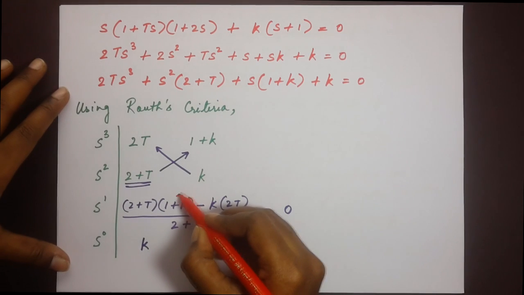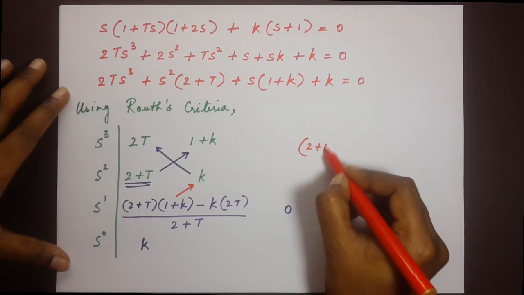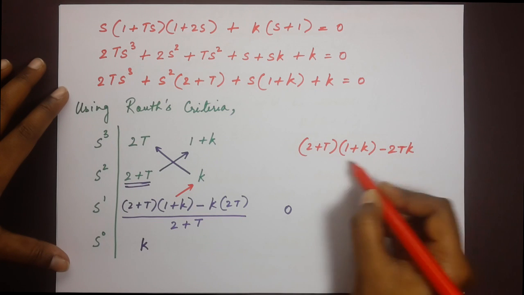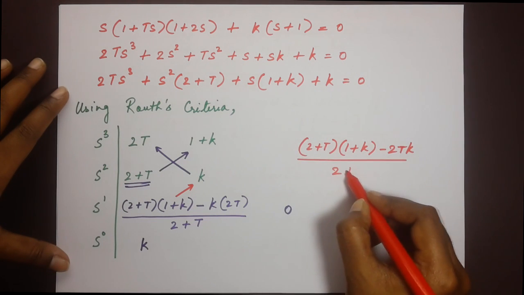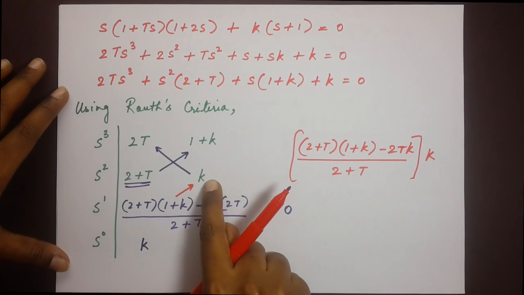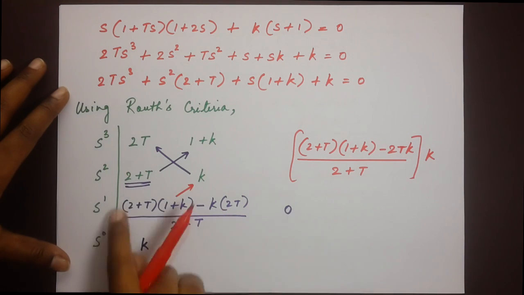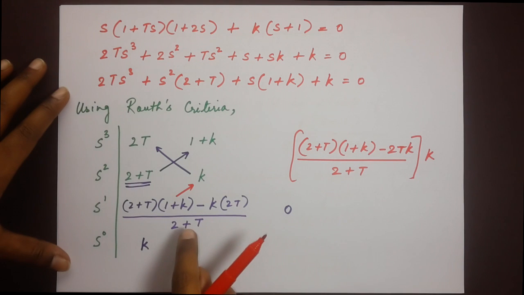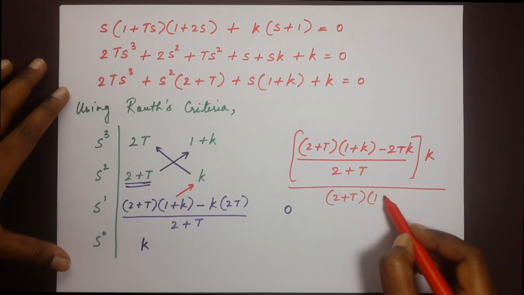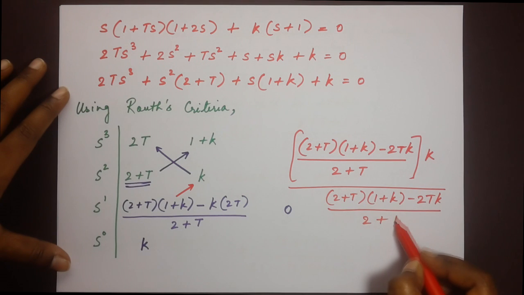So first, that's (2 plus t into 1 plus k minus 2tk) divided by 2 plus t, this whole term into k minus 0. 0 into that is anyway 0, divided by this entire term because that's what we are starting with, divided by (2 plus t into 1 plus k minus 2tk) divided by 2 plus t.